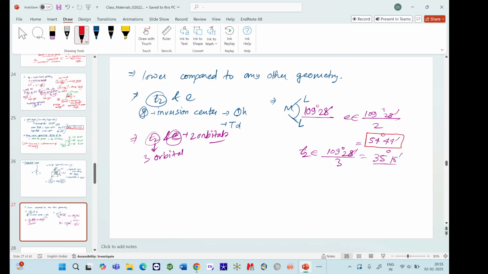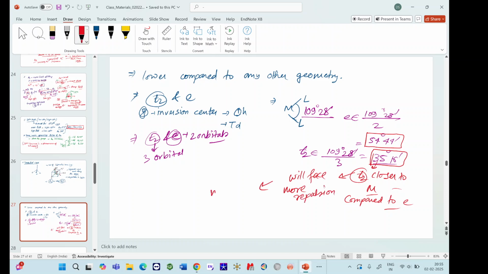These angles tell us how close your ligand is to the nucleus or the metal center. So for T2, it's closer to the metal center compared to E. So that is why T2 will face more repulsion, and more repulsion means more energy, right?